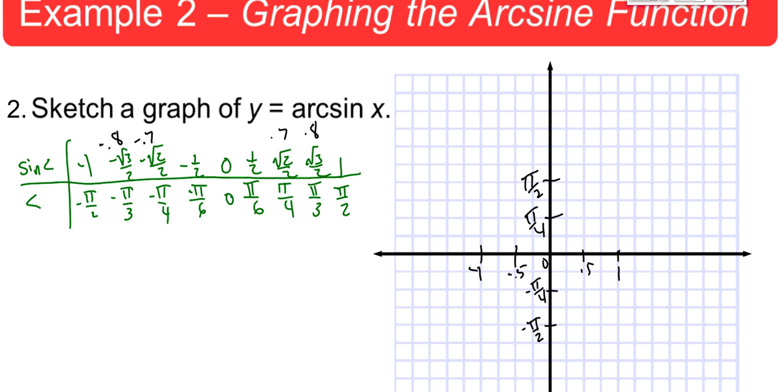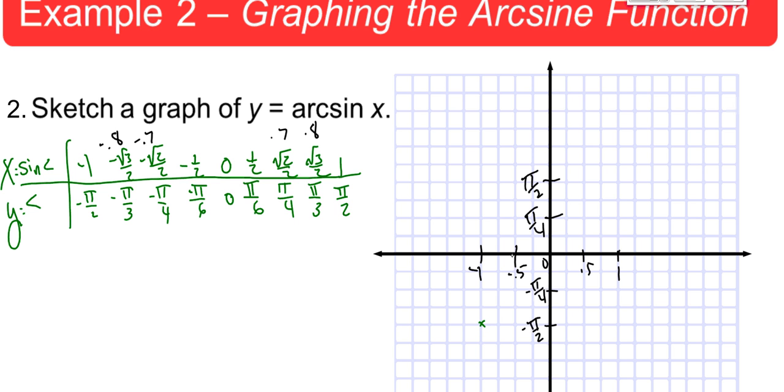And so now let's put them. And remember, it's sine. This is x, and then this is y, the angle. And so when x is negative 1, y is negative pi over 2.